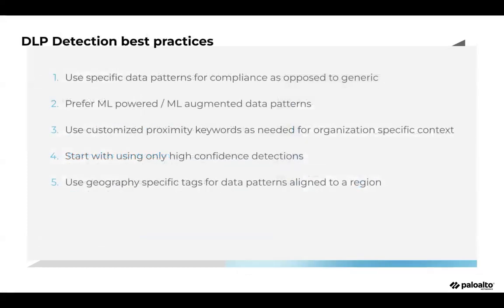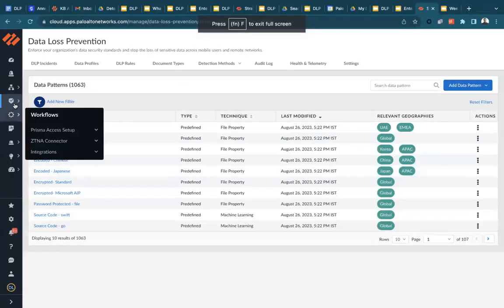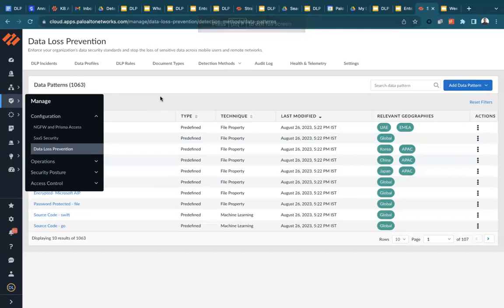So let's jump right into the DLP detection best practices. I'll walk through the product, and also we'll go through each of these best practices to understand what we mean by that, so we know how best you can take advantage of the system. So let me actually start by introducing the system itself. I'm simply using the data loss prevention window under manage over here.